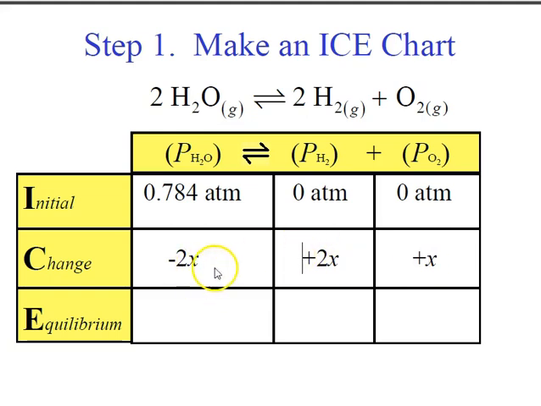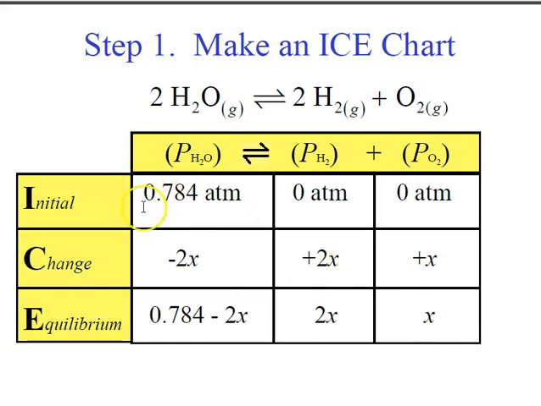We then use X to show that we don't know what the change is, but we know it's related, and then we relate it by our coefficients. So every time we use 2 water molecules, so 2X, we're going to make 2 hydrogen molecules, so 2X there as well, but we're only going to make 1 oxygen. So we have a coefficient of 1 in front of the oxygen. So that is how we make the change line.